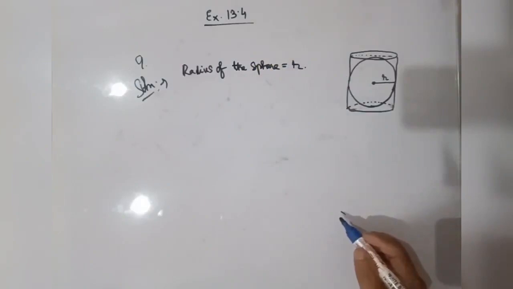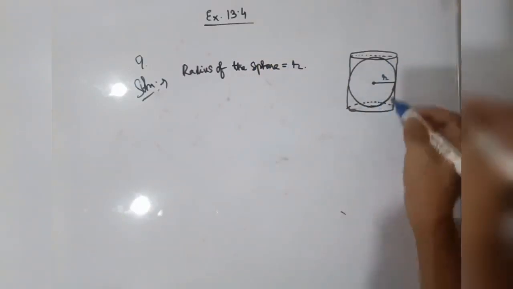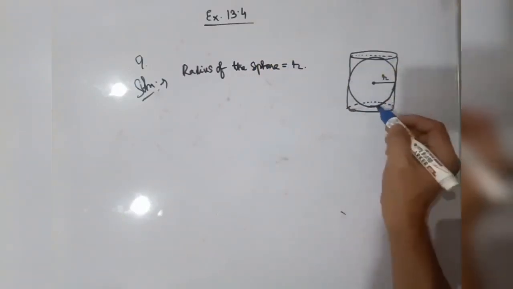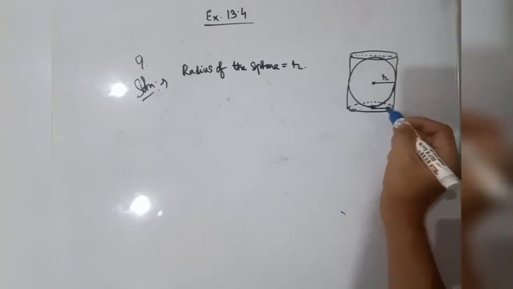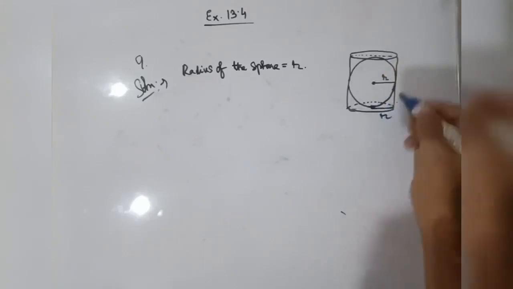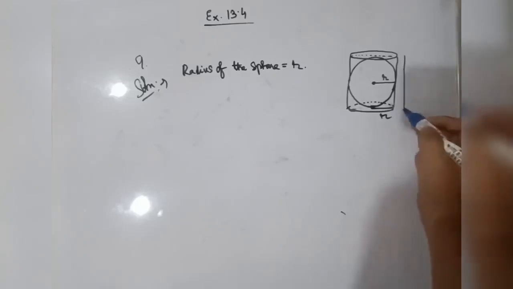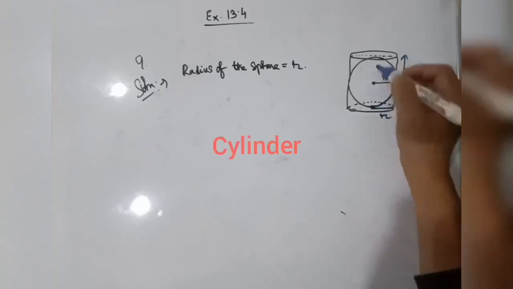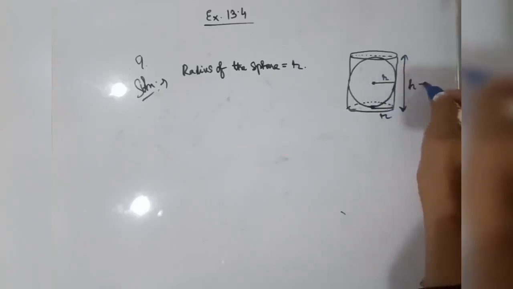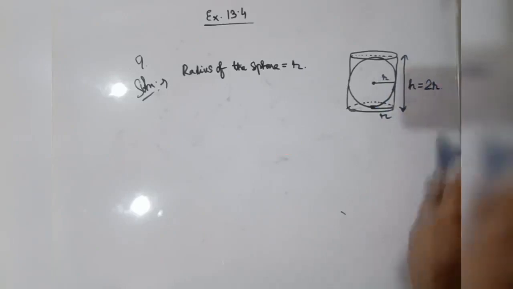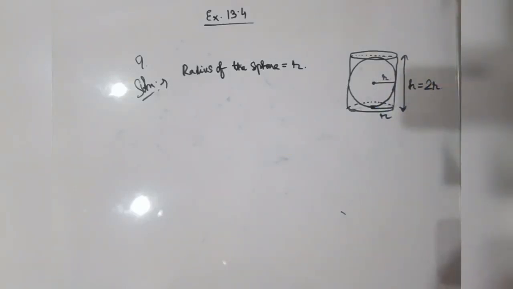The radius of the right circular cylinder will also be r, and the height of the cylinder will be equal to the diameter of the sphere, that is, the height will be equal to twice r. So now for the first part of the question, you are asked to find the surface area of this sphere.